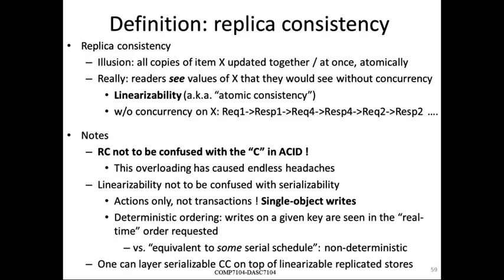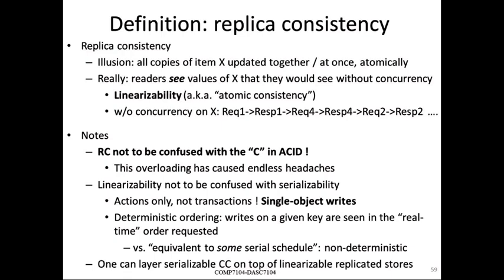And for that, we will define on the next slide the notion of linearizability. But first of all, what does it mean without concurrency? It simply means that on a specific object X, all the request-response pairs are ordered, not interleaved. So basically, a request is always followed by its response and not by another request or by another response and so on.